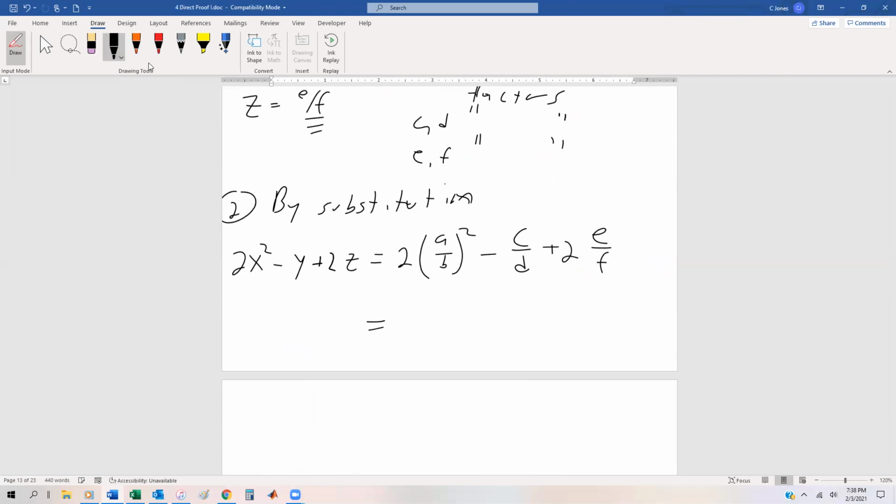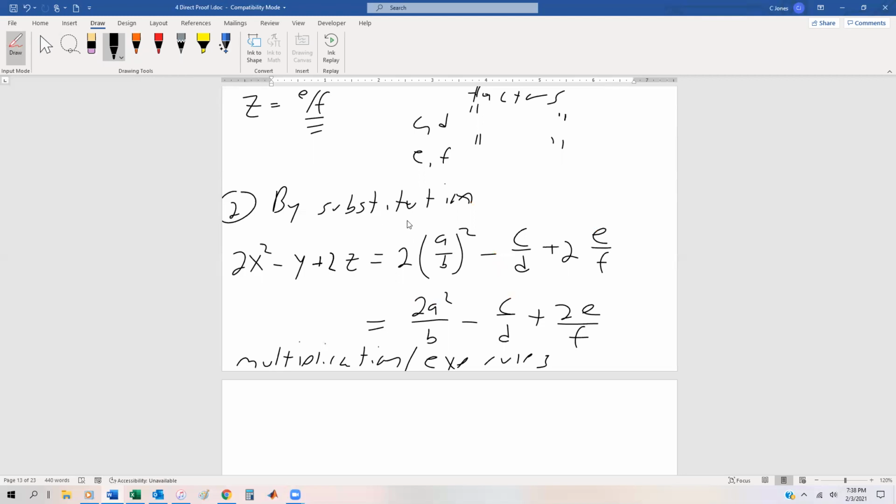First of all, let's use just some exponent rules and some multiplication, and we can rewrite this statement on the right-hand side as 2a squared over b minus c over d plus 2e over f. And we can say that's just by multiplication and exponent rules. Technically, it is just multiplication.